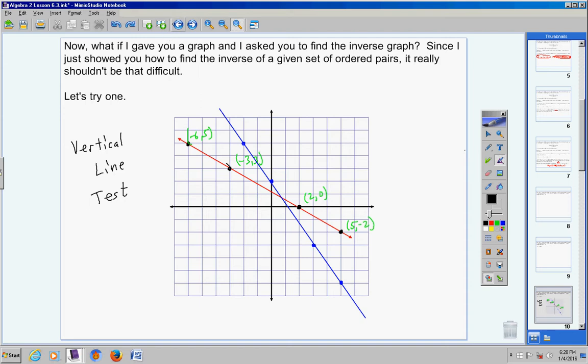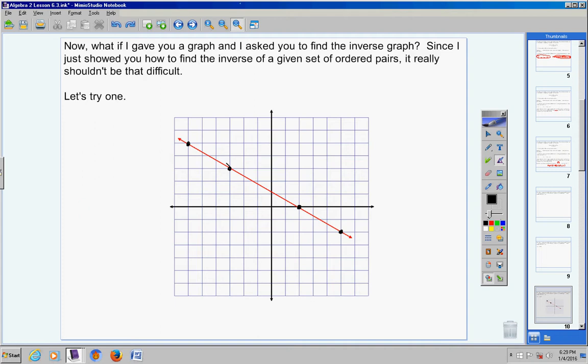Now, I have another question for you. Are you ready for this? Let's say I gave you that red graph like that, and I said to you, hey students, does that red graph represent a function?